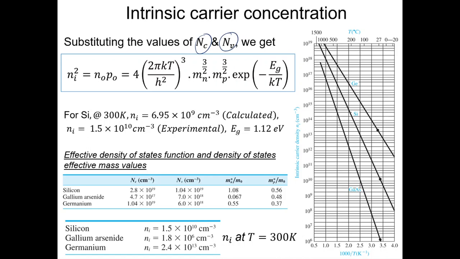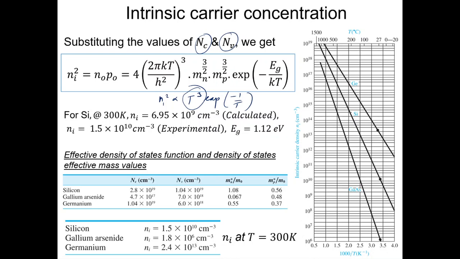So if you feed all the values, what you see is Ni square is proportional to temperature to the power 3 and exponential of 1 upon T. Now this is very important because in the previous slide I told you that it looks like it's inverse exponent of temperature, and therefore if temperature increases Ni should reduce, but now you got another factor, which is temperature to the power 3, and this may cause Ni to increase as a function of temperature.